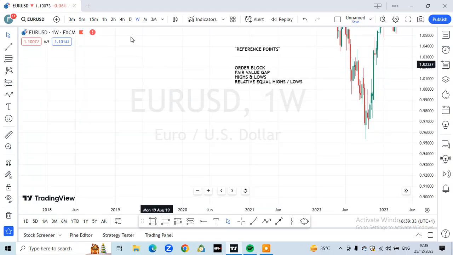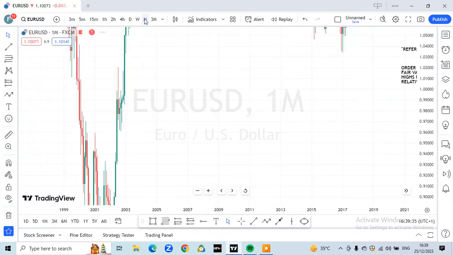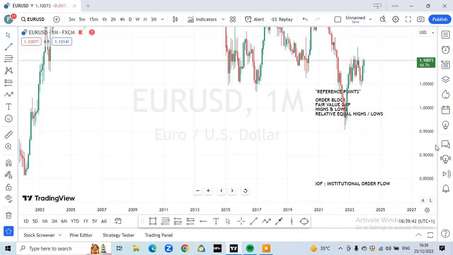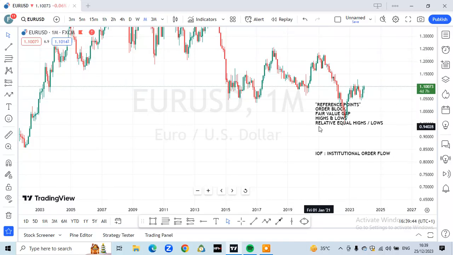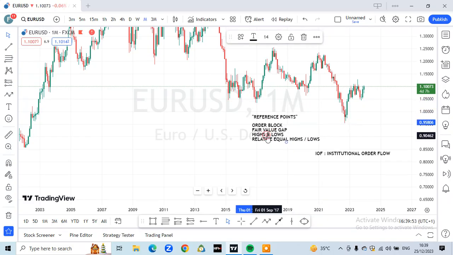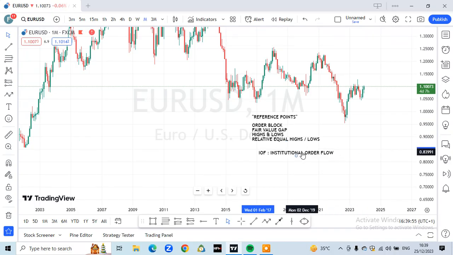Okay, so I will start from my monthly because that's how we tend to determine what the market is doing. Check from the monthly, then we go to the weekly, and so on. So institutional order flow, remember, is you knowing the direction of the market from a higher time frame perspective.